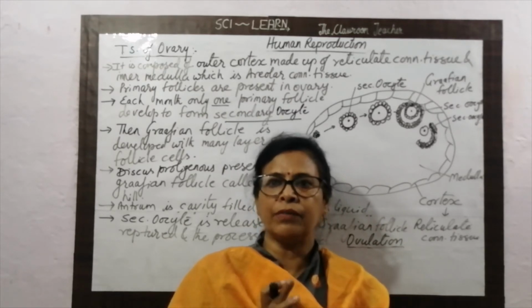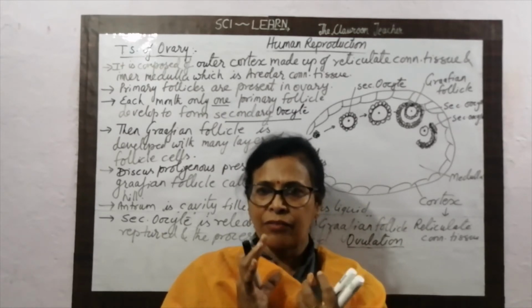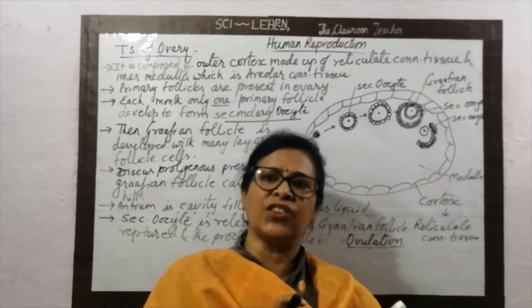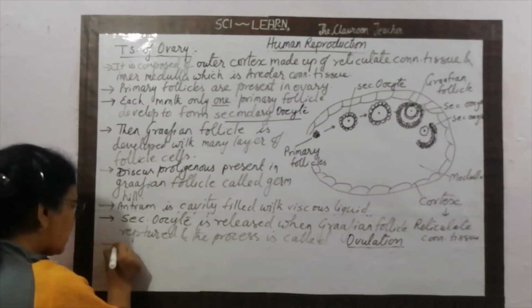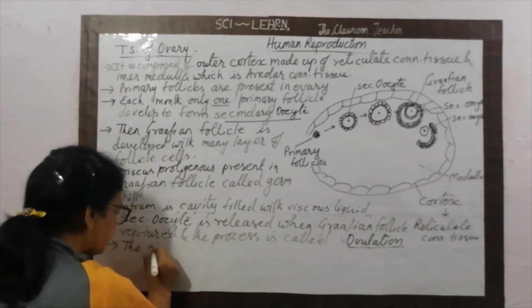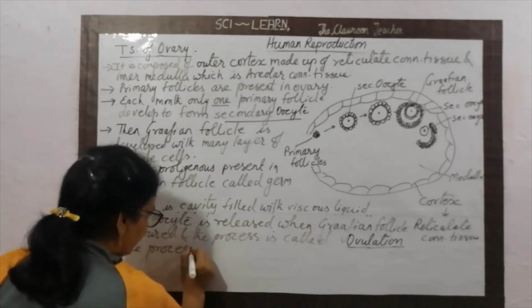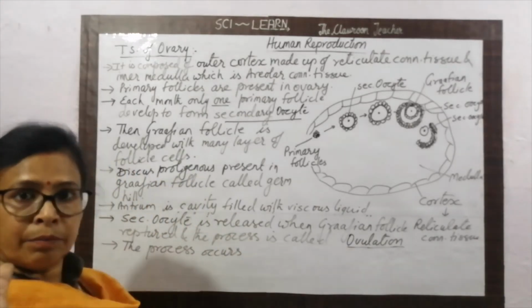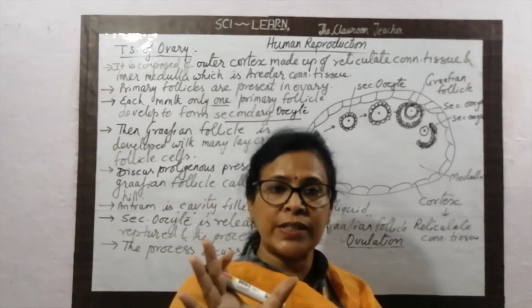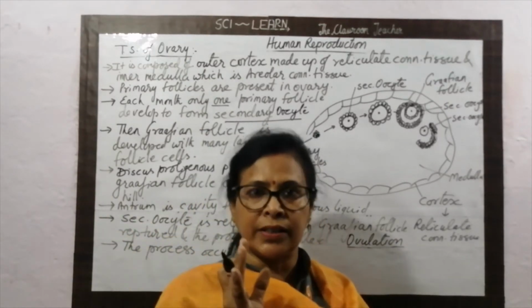Now what happened with the Graafian follicle? The Graafian follicle starts degenerating. Okay, one more important thing: as we know, the duration of the menstruation cycle is from 28 to 30 days each month.